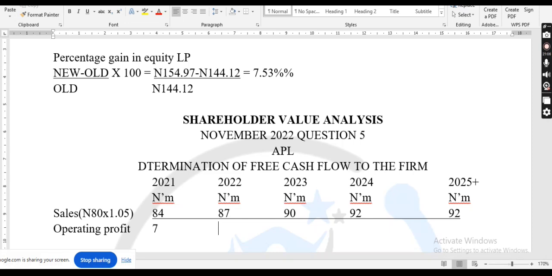Next, how many percent operating profit margin for 2022? What do you have? 8%, 8%.